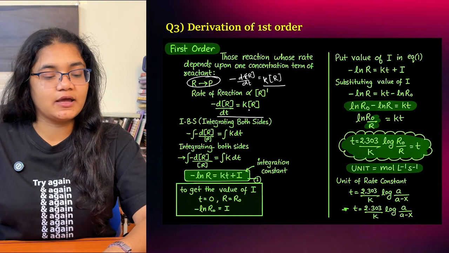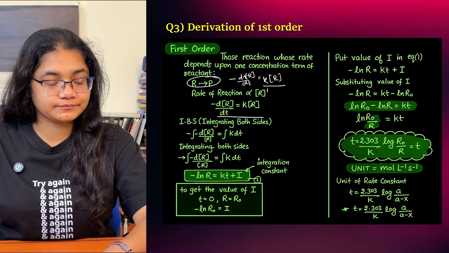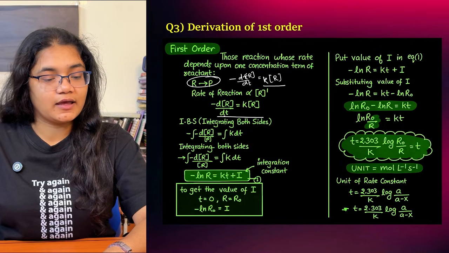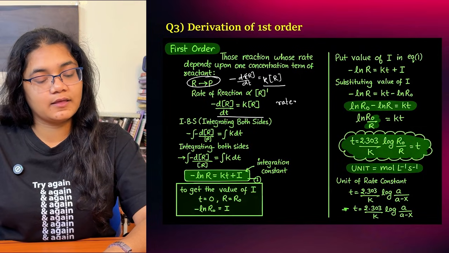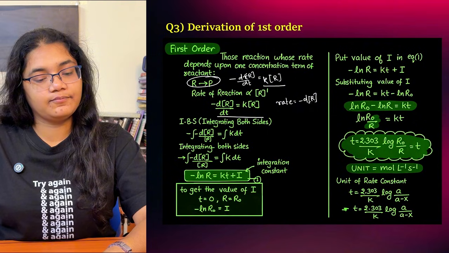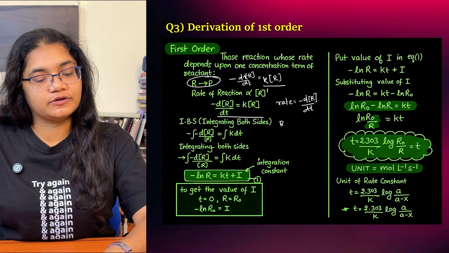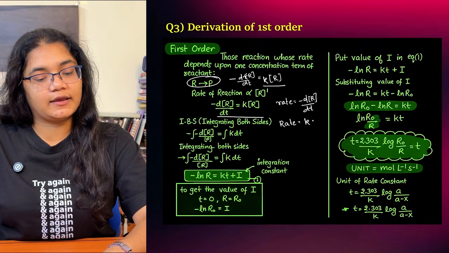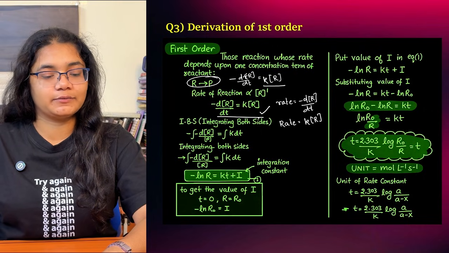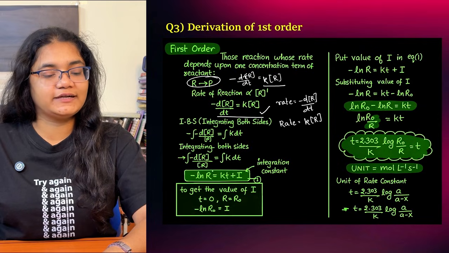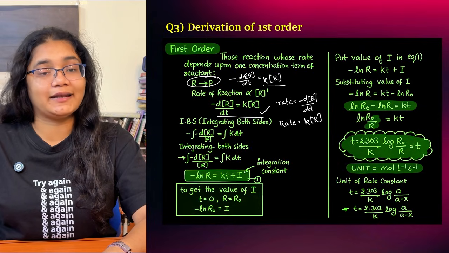This is one equation, and we have another equation that rate is equal to minus dR by dt, and we can also write rate is equal to k into R. So these two equations can be equated to get the final equation. Then you can integrate on both sides, and after that you will get ln R is equal to minus kt plus I.